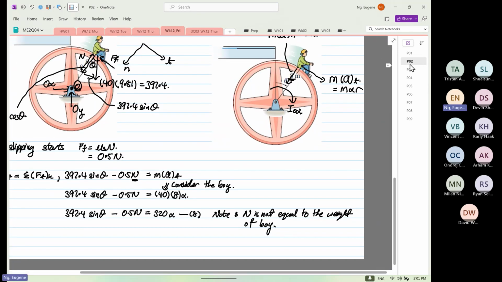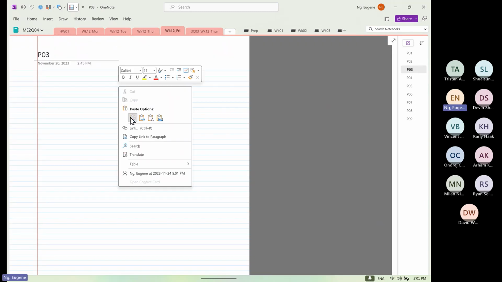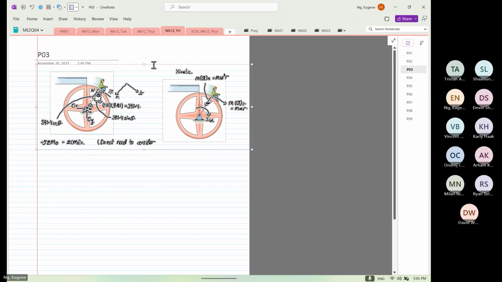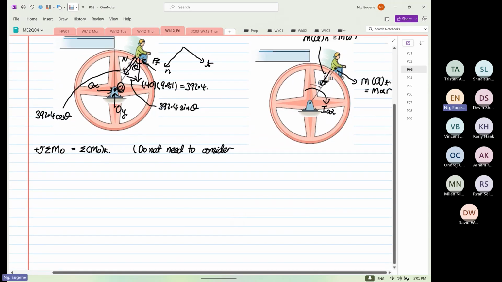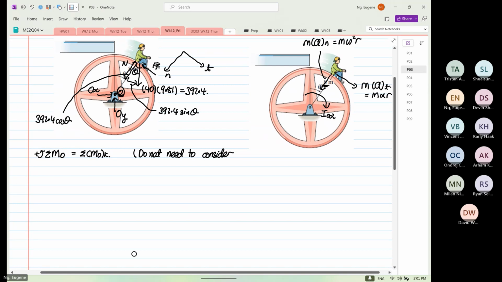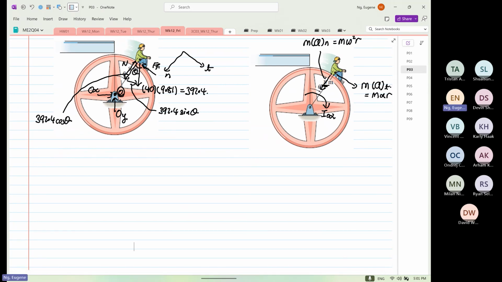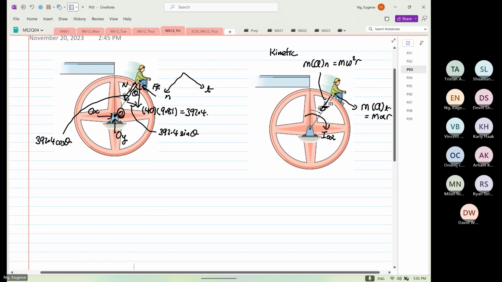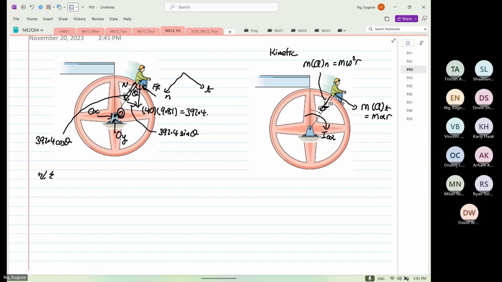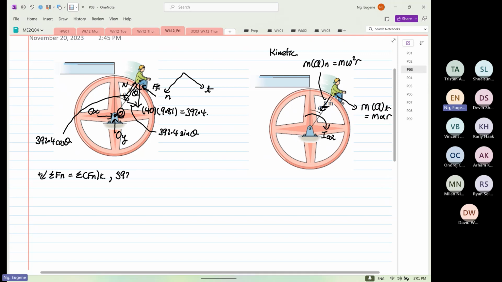And then the next one we're going to do, I'm going to go to the next page. We're going to do summation of forces in the n direction. So in the n direction, we have 392.4 cos theta, going towards its positive, pointing towards the center of rotation, it's positive.